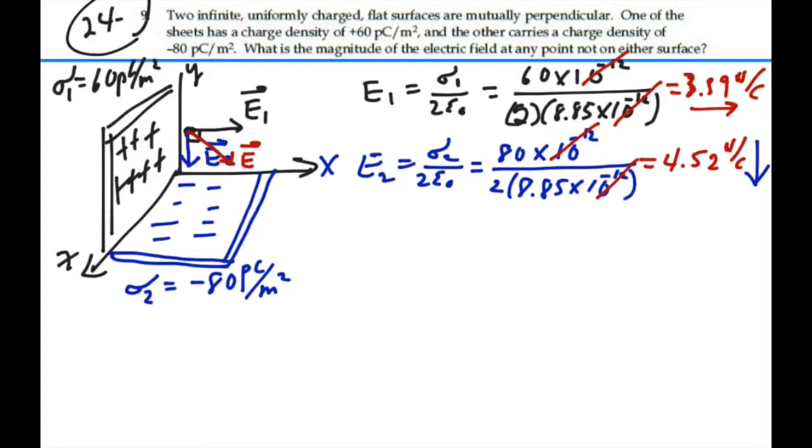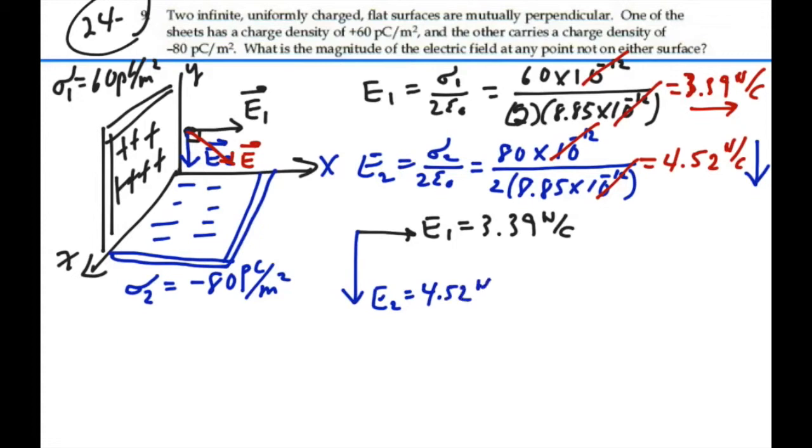So we actually have these two fields. We have E1 equal to 3.39 newtons per coulomb going to the right, and then we have E2 equal to 4.52 newtons per coulomb going down. They're perpendicular.